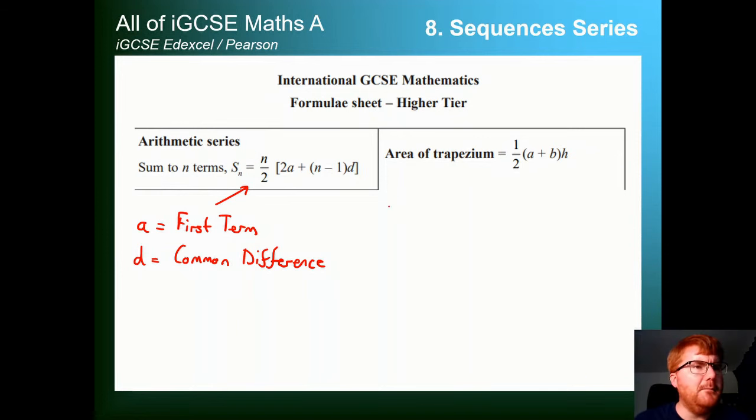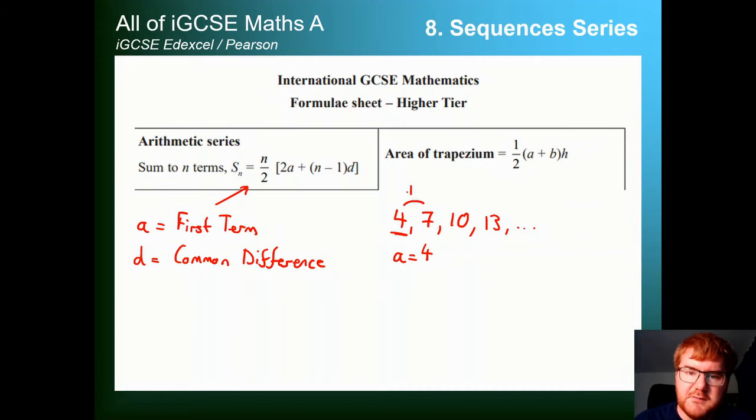Let me just give you an example, so a little bit of pre-teaching here before we look at some quite complicated questions. So say I've got the sequence of 4, 7, 10, 13, etc. Then the first term here would be 4. The common difference is what we're adding each time, so this is plus 3 plus 3, so d is equal to 3.